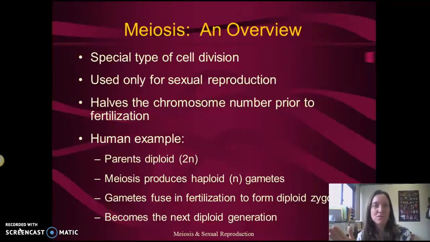Brings the 23 chromosomes from a sperm cell to the 23 chromosomes in an egg cell. 23 plus 23 is 46. This produces a diploid, now 46 chromosomes, zygote. That's the first stage in an organism's life. This produces the next diploid generation. So that fertilized egg, now diploid, will undergo mitosis for growth.